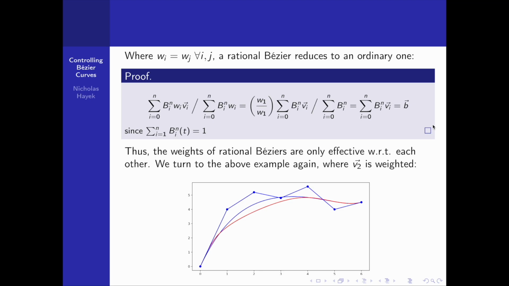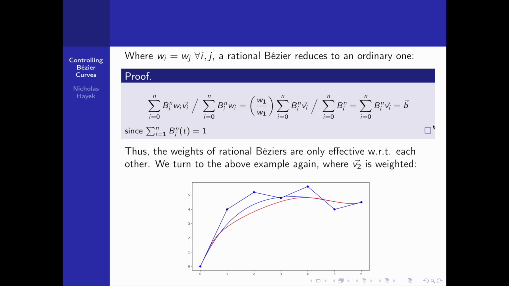You're really only going to get so much change as the weights differ from each other. If you have a particular weight that is much more positive than the others, then you're going to have an attracting force towards that control point. And similarly, if you have a weight that's significantly more negative than the others, then you'll get a repelling effect with respect to that control point.